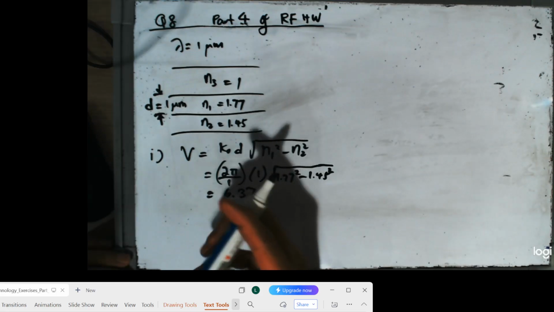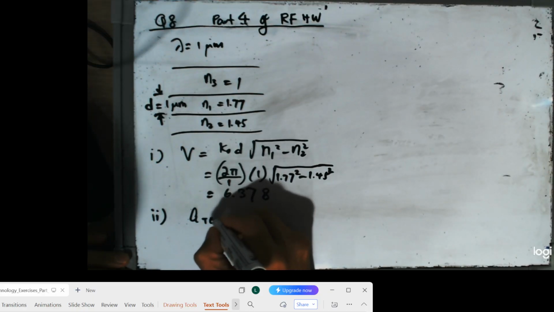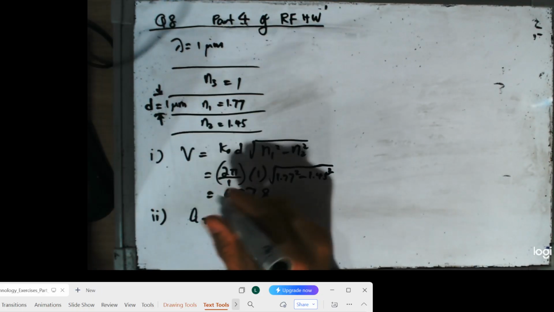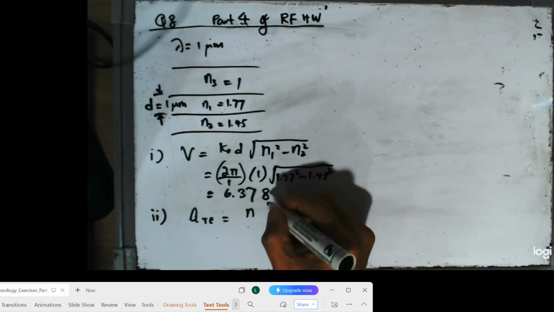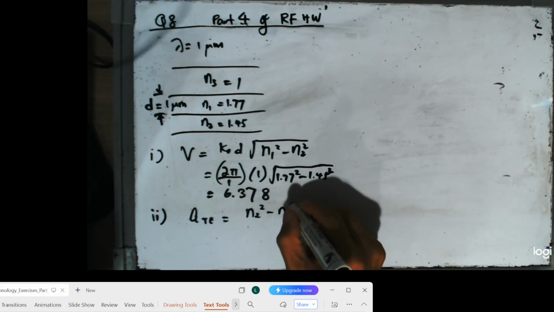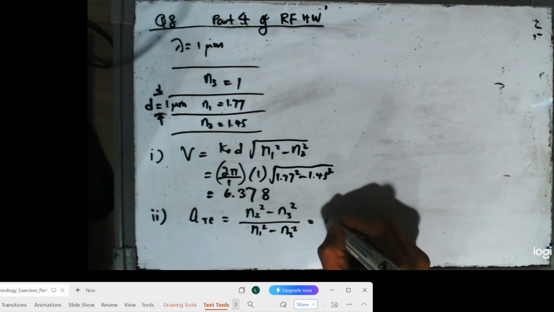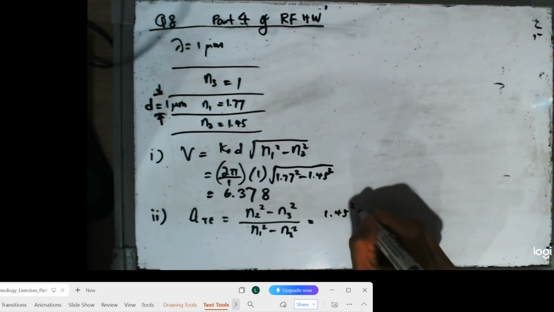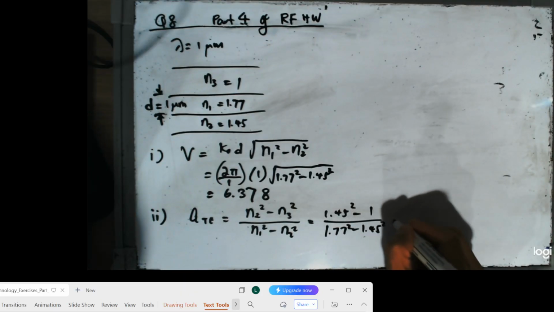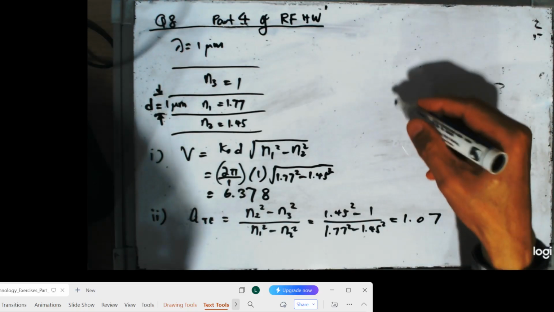So ATE is equal to, and then 1.45 squared minus 1. So you got 1.07.